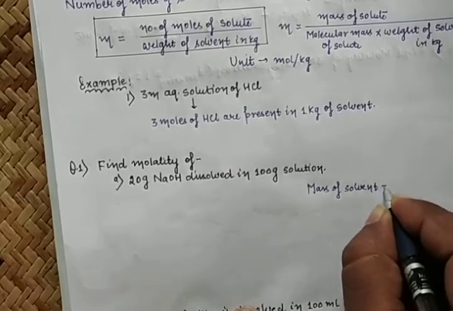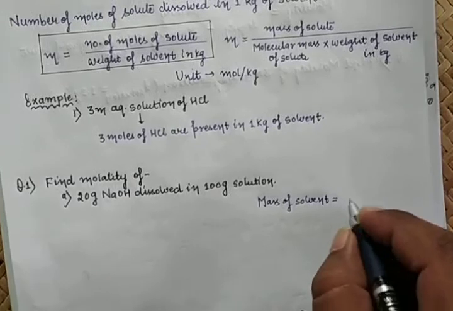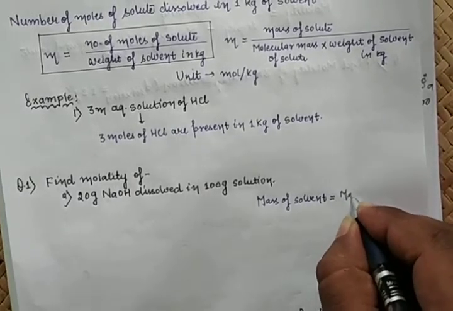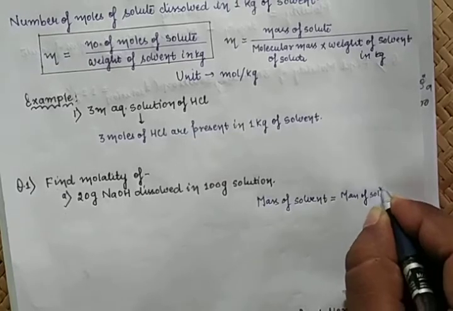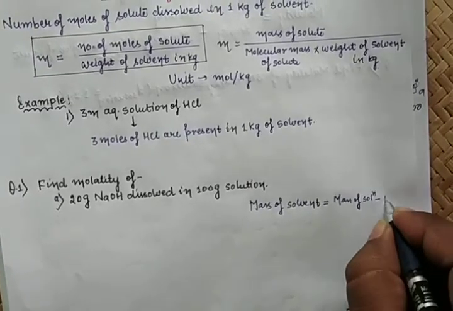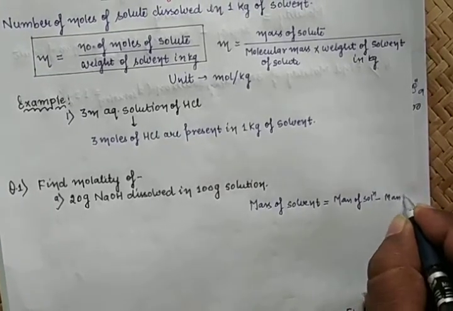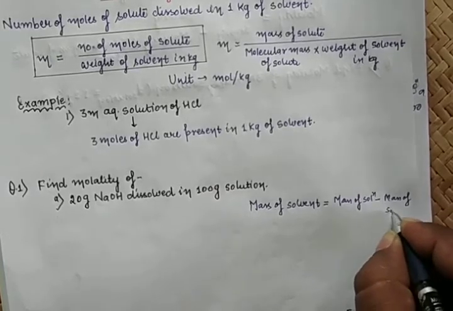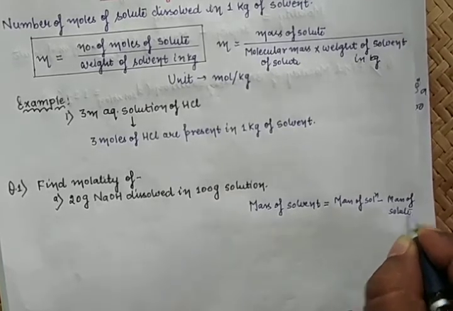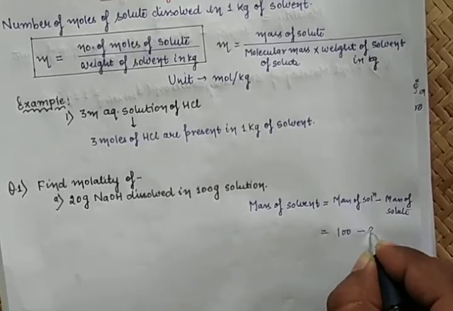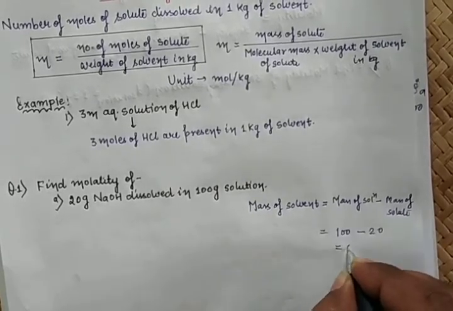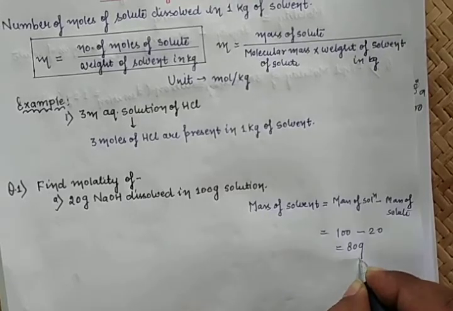Mass of solvent is mass of solution minus mass of solute. Mass of solution is 100 and mass of solute is 20. It means 80 gram. So this is 80 gram, the weight of solvent.